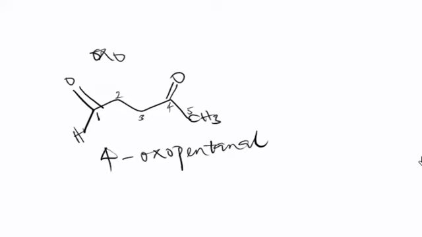So 5 is pentan, and then this is the suffix for the aldehyde group, and then I'll name the ketone group as a substituent, that's oxo. And what carbon is it attached to? That's carbon 4. So I have 4-oxopentanal. Alright, I'll go ahead and wipe this. So we'll consider the next rule.